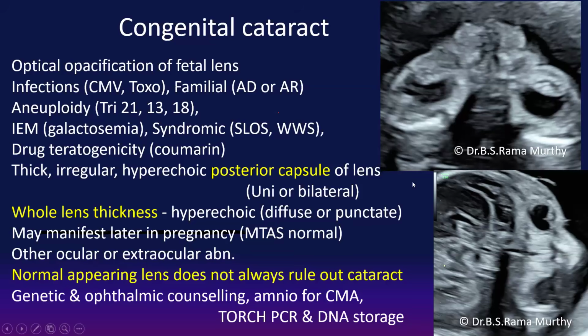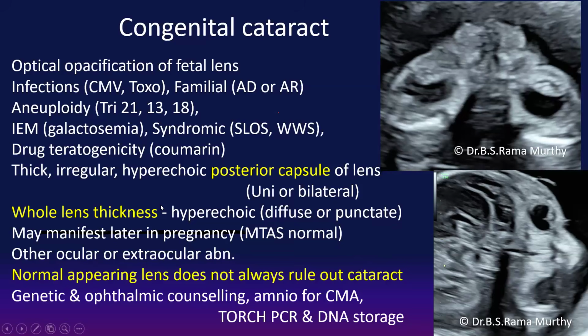It may not manifest earlier in the first trimester or even in the mid trimester. It can manifest in the late second trimester or even in the third trimester. And that is something to keep in mind. And if we at all pick up something like this in the third trimester, just go back to your earlier images, see if you have documented the lens well, and see if it is evolving, and then you can look for other features to say whether it is infection or not.